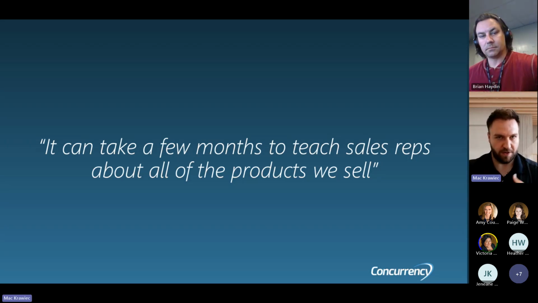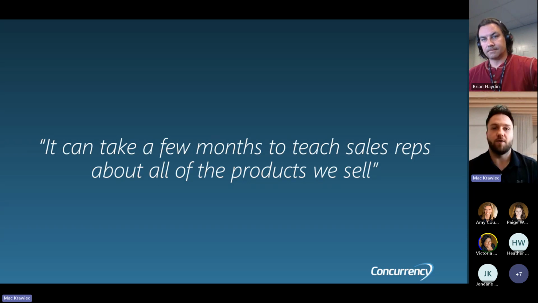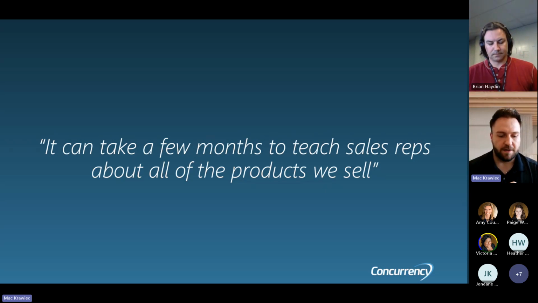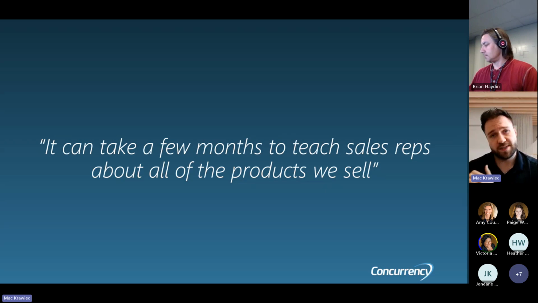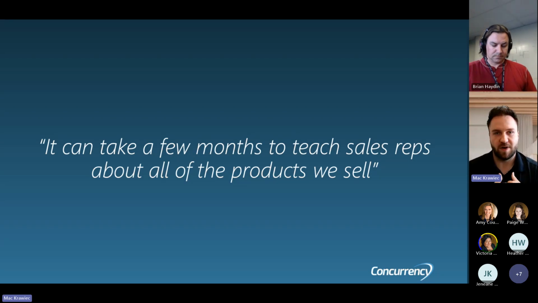We're going to get back to the overarching specific points of this conversation, but one of the things that we've heard from our client is that it can take a few months to teach sales reps about the products that we sell. And that just underlines the importance of this system. Once it's out there and once it's trained and AI is doing what we need it to do, we effectively have made it so a sales representative doesn't have to understand the ins and outs and every single item on the inventory, or if it's some sort of industry, they don't have to understand the industry very intimately to be able to do their job.